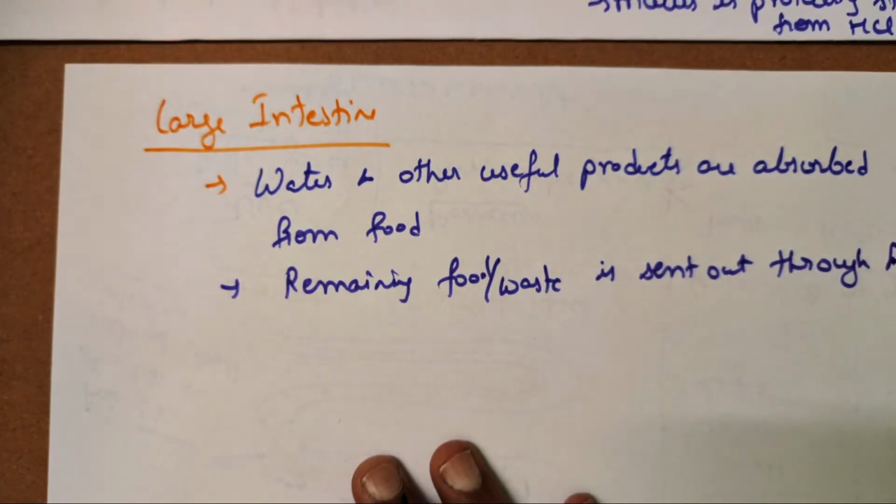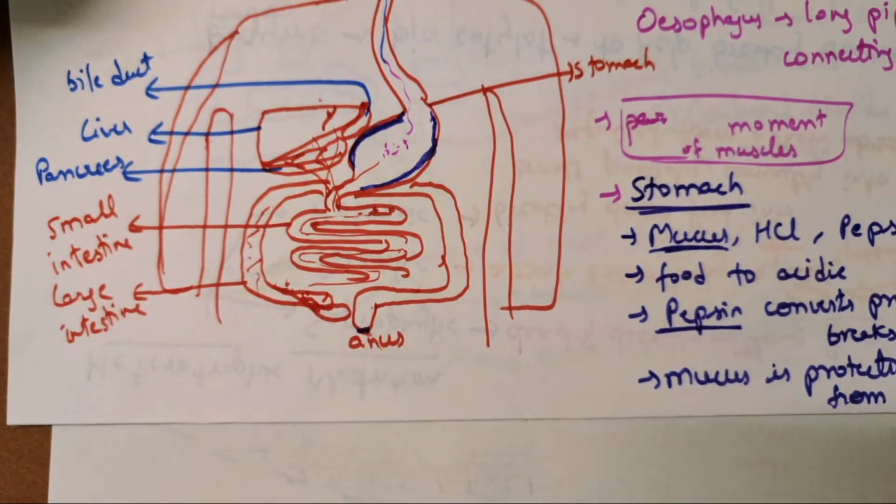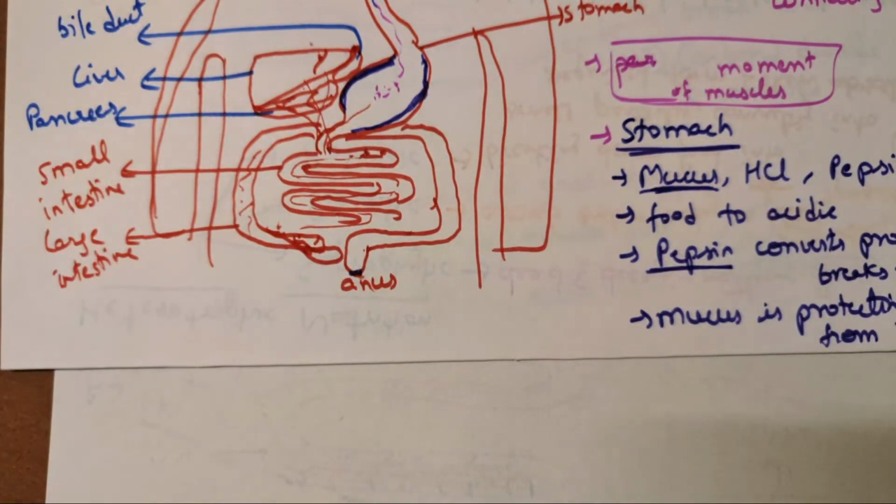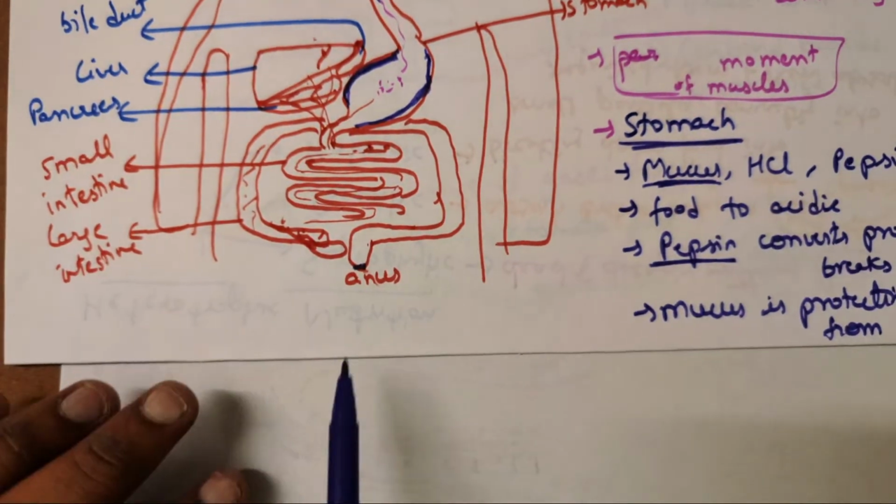So the anus is this part. From here, the wastage which is produced will be sent out through the anus.